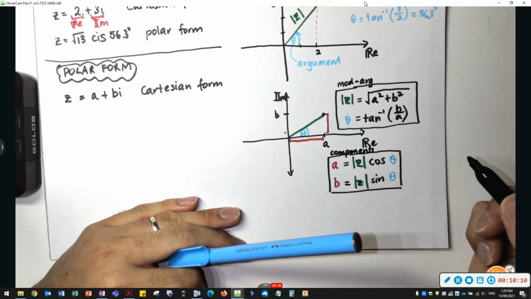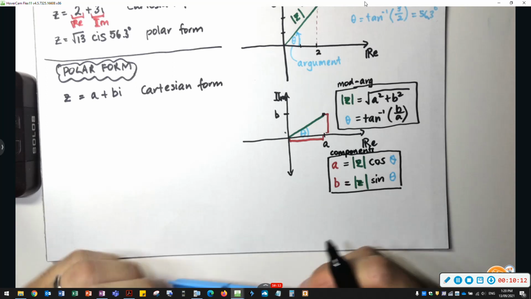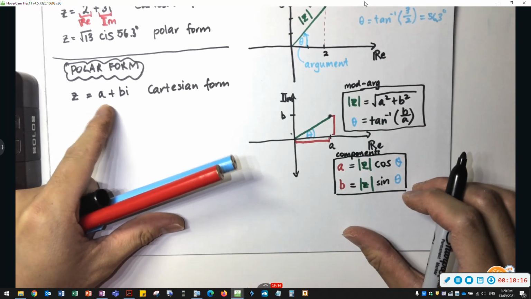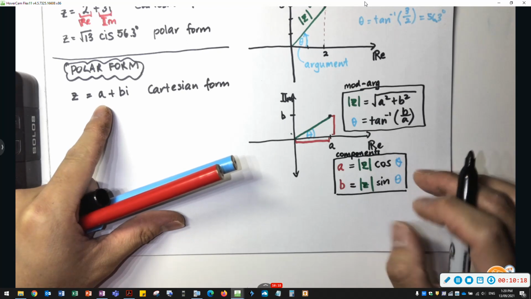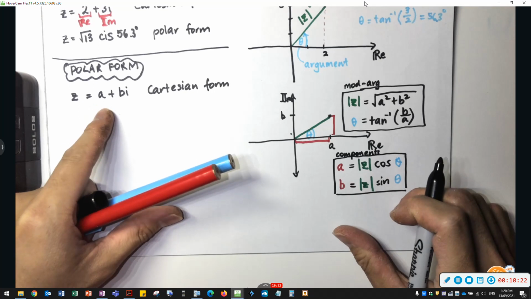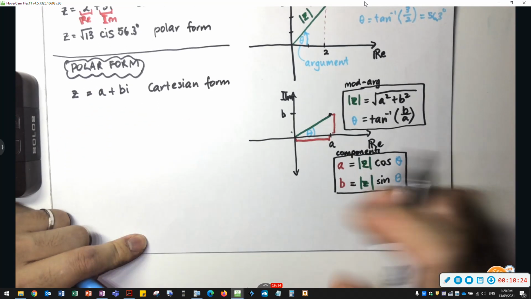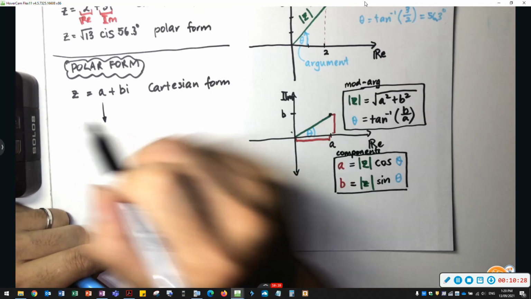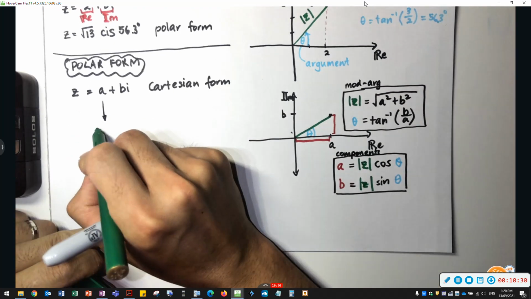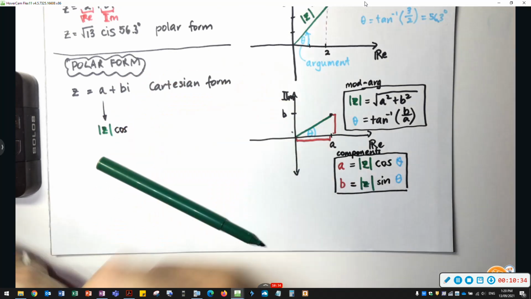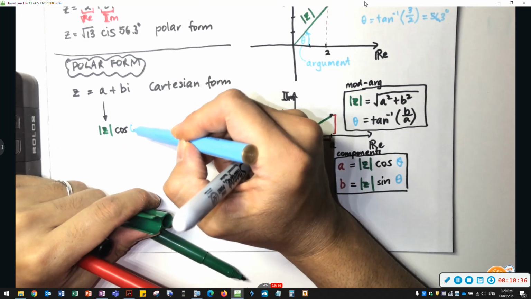Okay. All right, so knowing this, that means I can rewrite the real part in terms of the modulus and the argument, and this is how the polar form comes about. So this A here will be called modulus of Z cos theta, right?